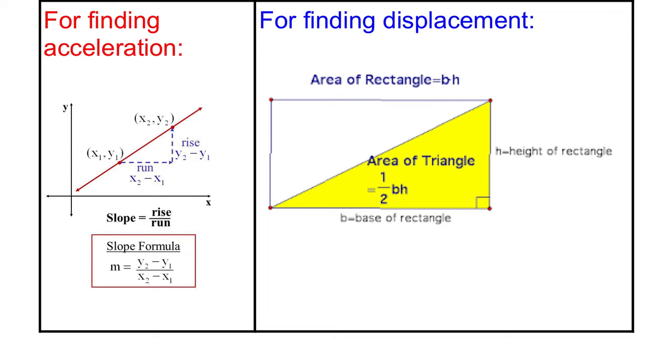Here's a quick look at our math toolbox for the stuff we'll be talking about in this video. So feel free to come back here and pause and jot this stuff down so you can reference it later. But essentially just know how to find the slope of a graph.